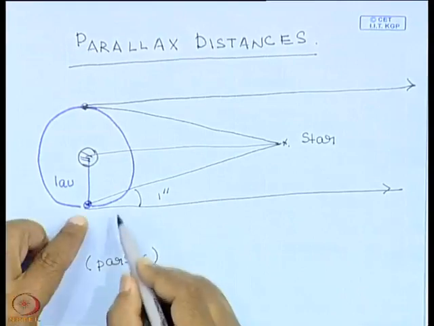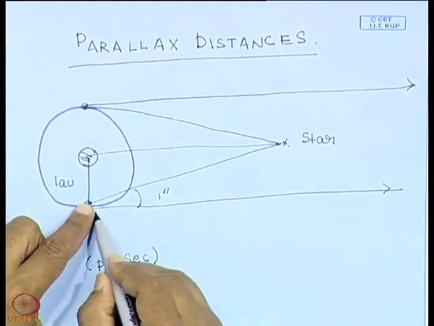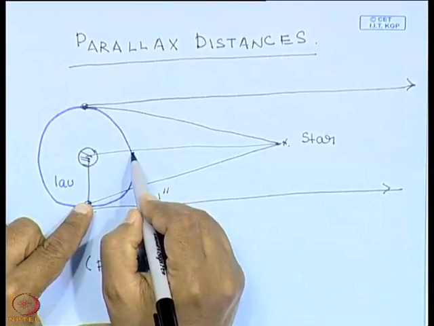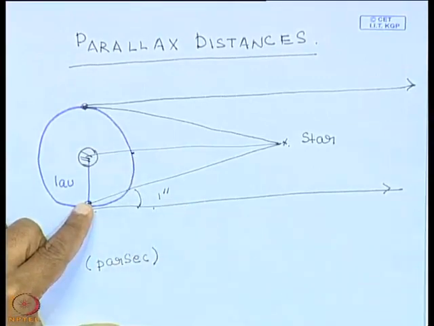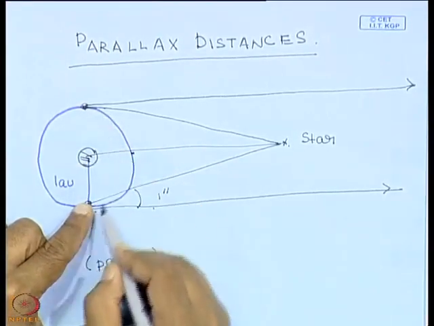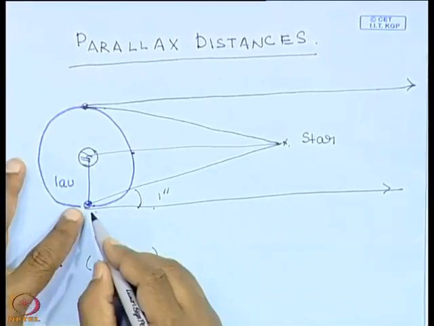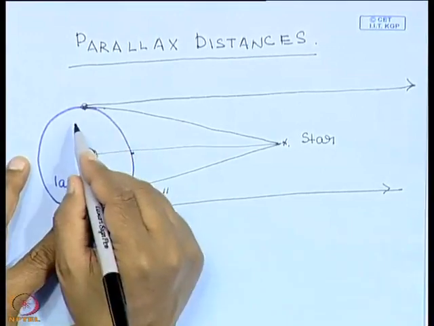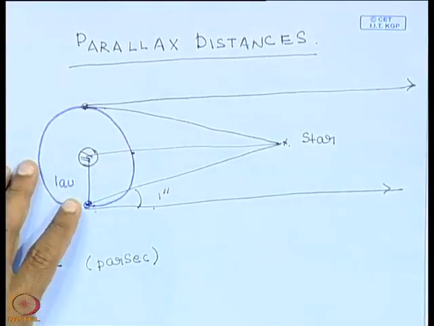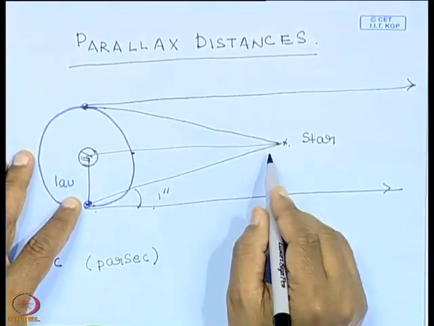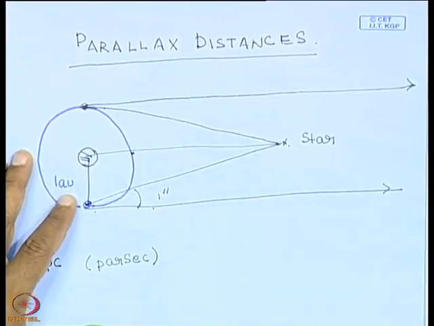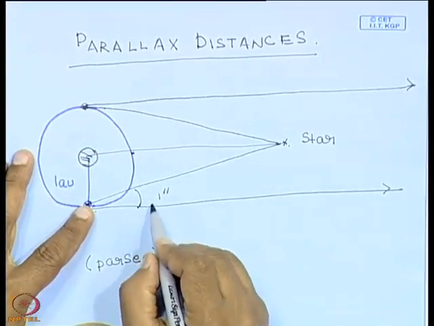So, the parallax angle between this position and this position would be 1 arc second, or the entire parallax angle at a 6 months interval would be 2 arc seconds. So, a distance where if I place a star, I have to wait for 6 months and again measure the angular position of the star. If it has changed by 2 arc seconds, then I would know that this angle is 1 arc second.